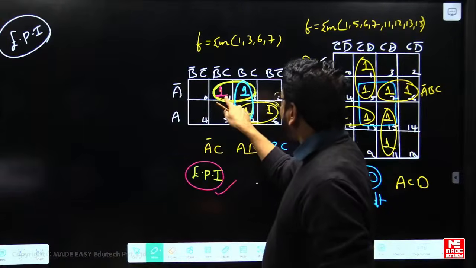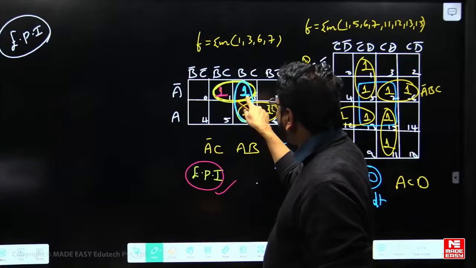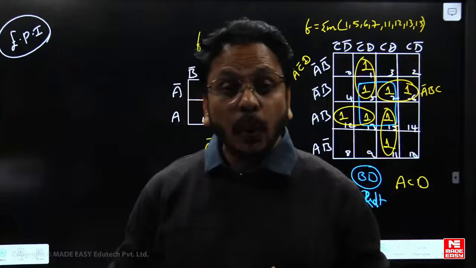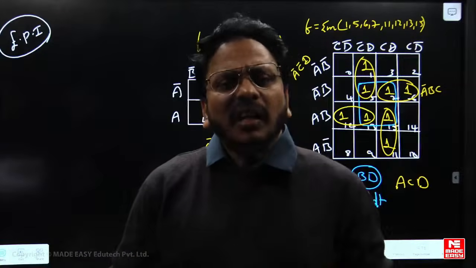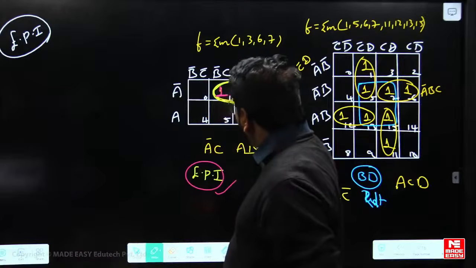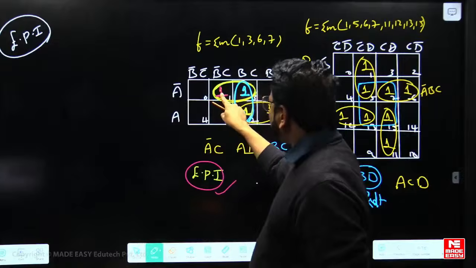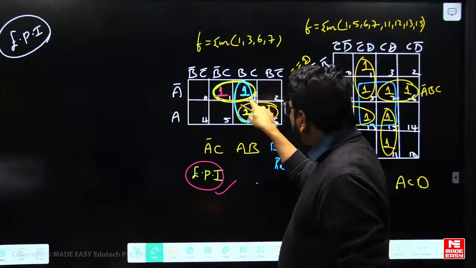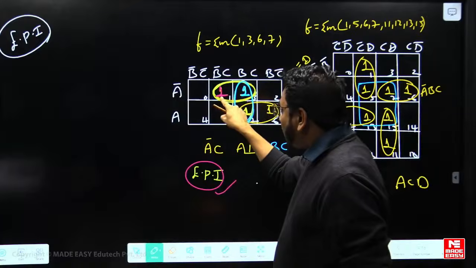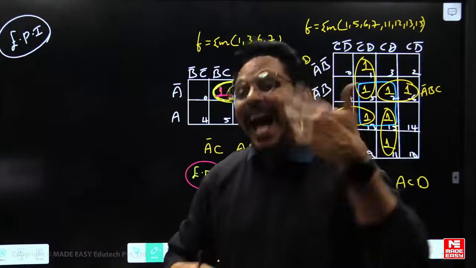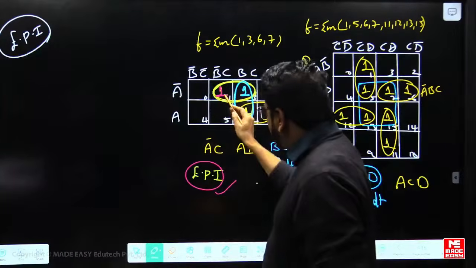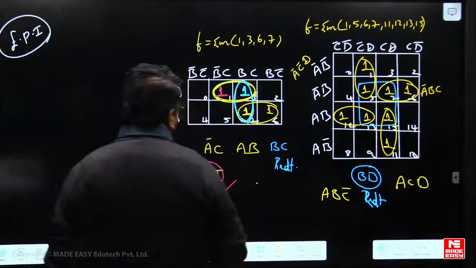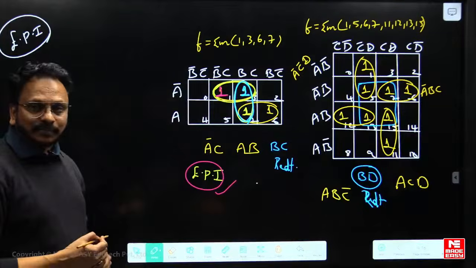This one is getting the chance of only one time grouping with this one, but this one is not having the chance of getting grouping with another one. Only this particular single one is able to get the grouping with this one, but it does not have the chance of getting the grouping with another one. That means it has the chance of only one time unique grouping. That's why it is said to be an essential prime implicant.